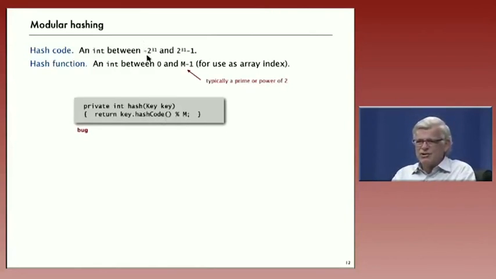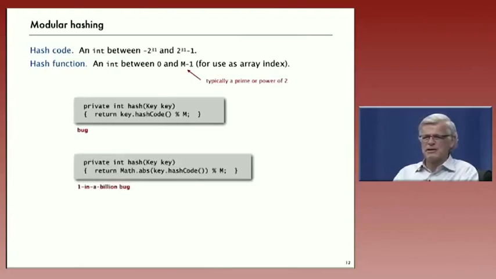Now, since the hash code can be negative, this doesn't quite work the way this arithmetic is implemented in Java, because one in a billion times you really have to take the absolute value. Well, sorry, you have to take the absolute value because otherwise it'd be negative, and you can't have a negative.